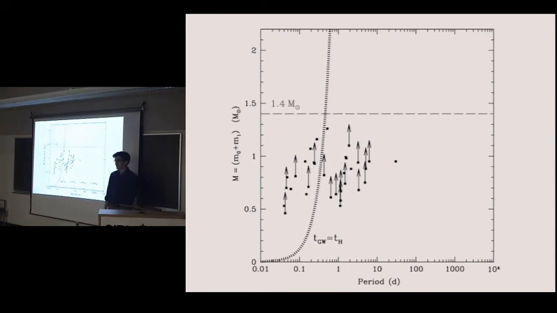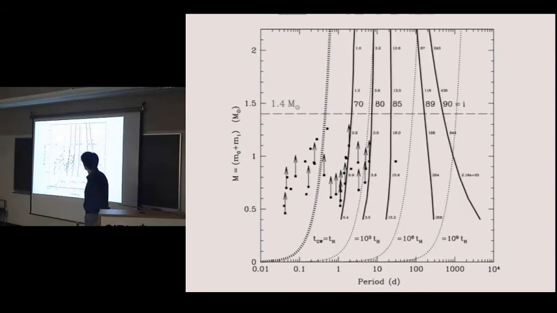And then I can say, well, give me a tertiary, and let me put the tertiary of one solar mass anywhere I like, let's say at an inclination of 70 degrees. A one solar mass tertiary at 70 degrees gives me a contour in the space that would say all of these objects, if they had a tertiary at 70 degrees, would merge in one Hubble time.